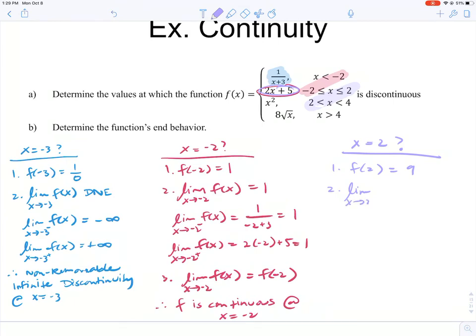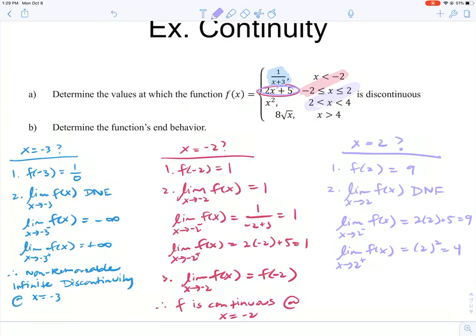Limit as x approaches 2. Take the one-sided. From the left, we would get 9. And from the right, we would get 4.